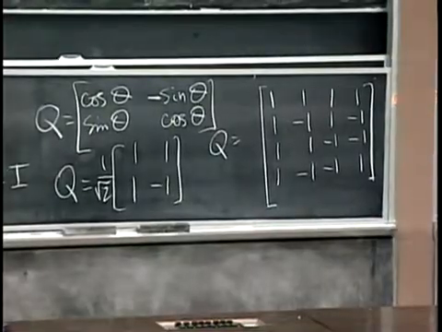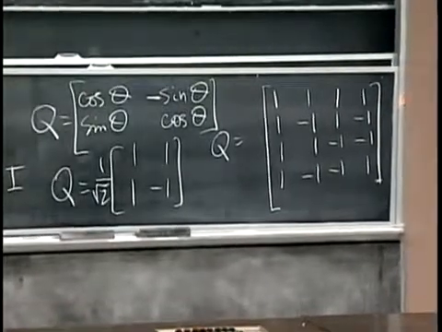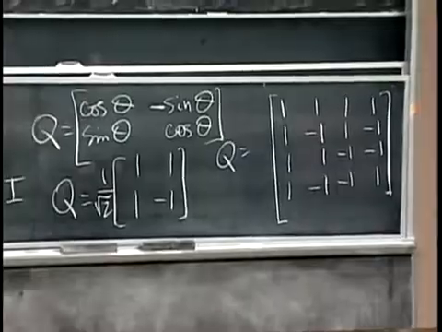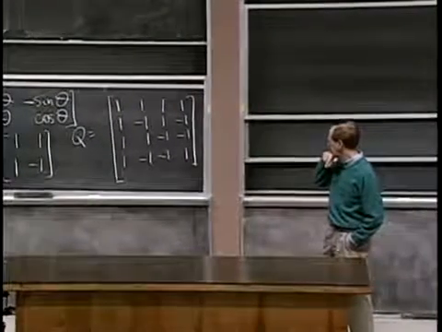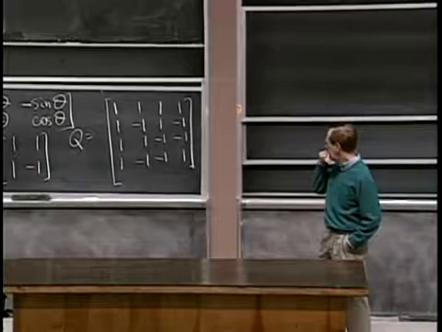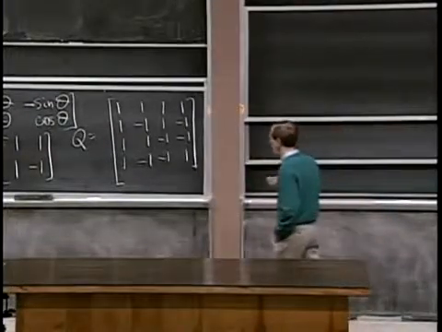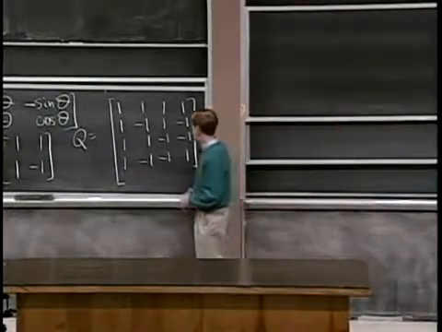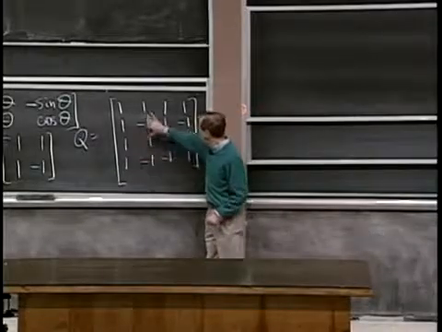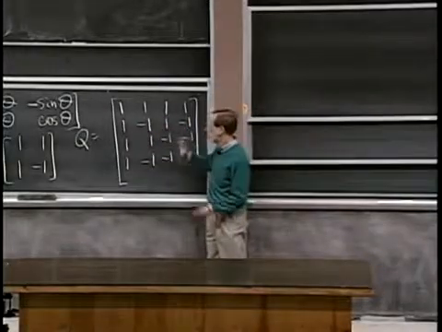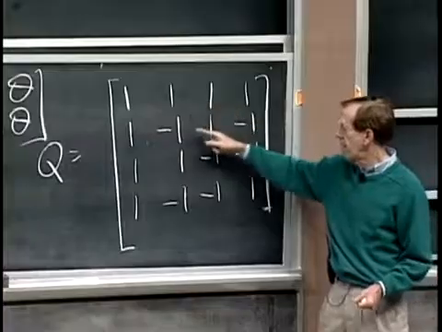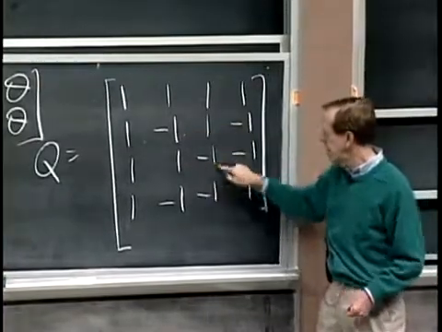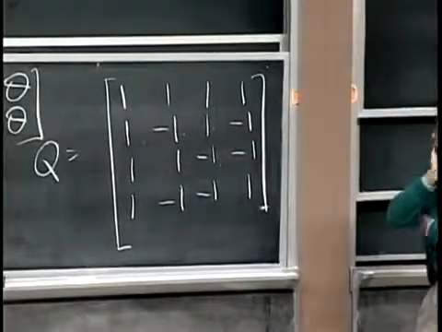That's one of the world's favorite orthogonal matrices. I hope I got it right. If I take the inner product of that column with that, I have 2 minuses and 2 pluses. That's good. When I take the inner product of that with that, I have a plus and a minus and a plus. Good. I think it all works out.